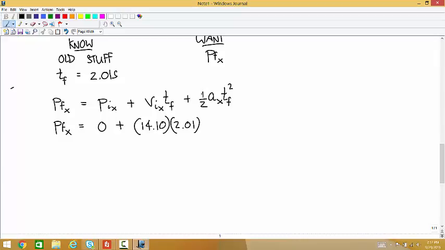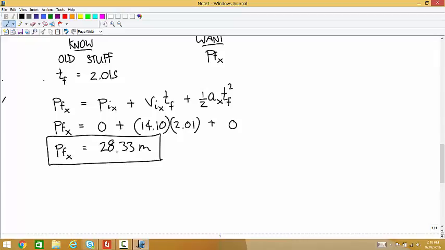And then what's AX? AX is 0, so this goes away. And what do you get if you multiply 14.10 and 2.01? 28 point what? Okay. So PFX is equal to 28.33 meters. Any questions about that one?